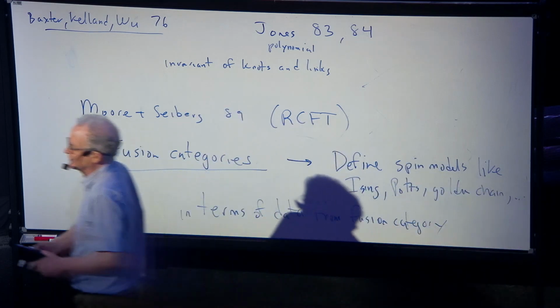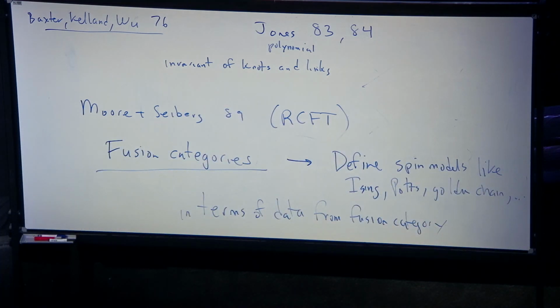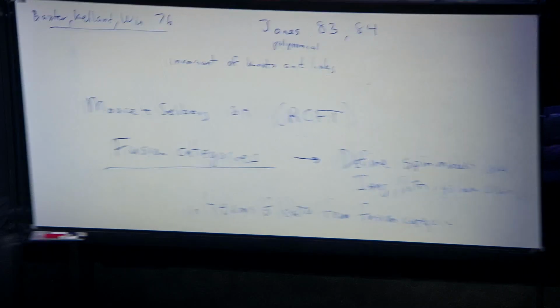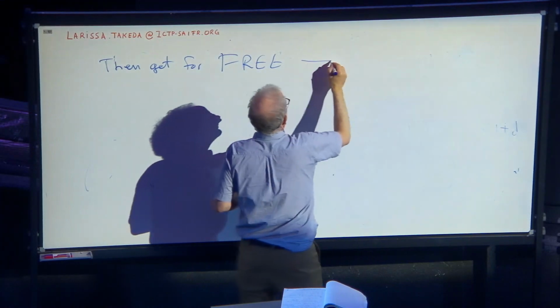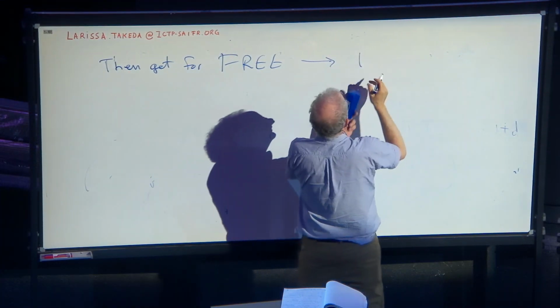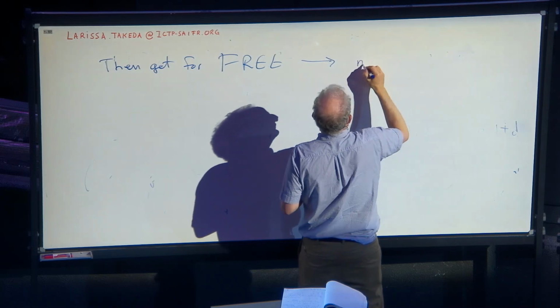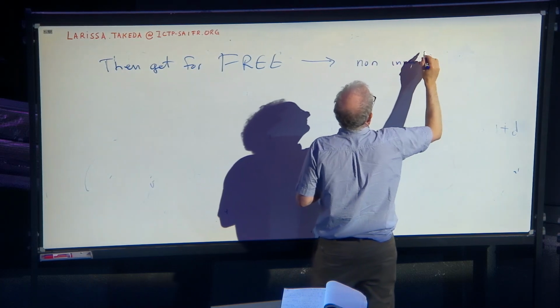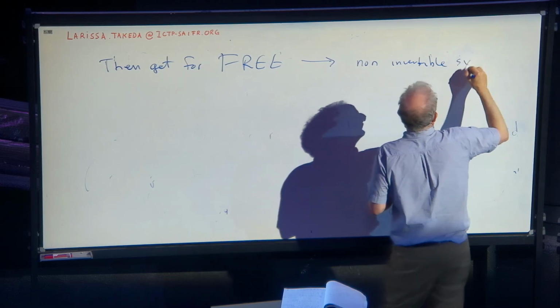You say, well, okay, we can define lots of things. But the payoff is enormous. And what you get, I'll capitalize it, is for free. It's automatic. Once you define the lattice models in a certain way, you get these non-invertible symmetries and dualities.